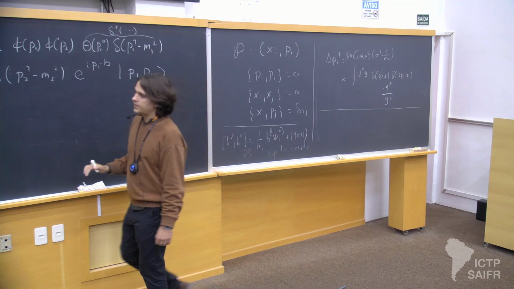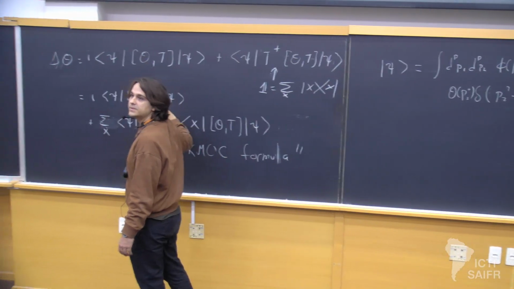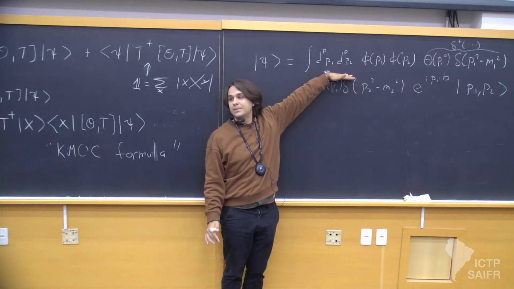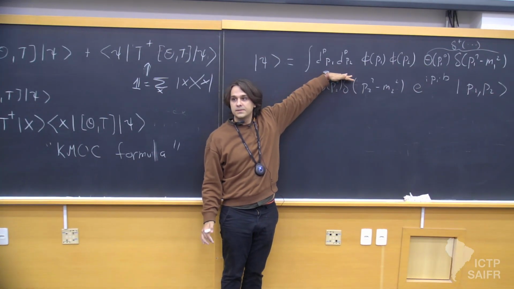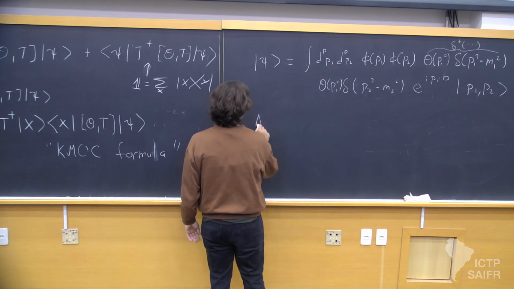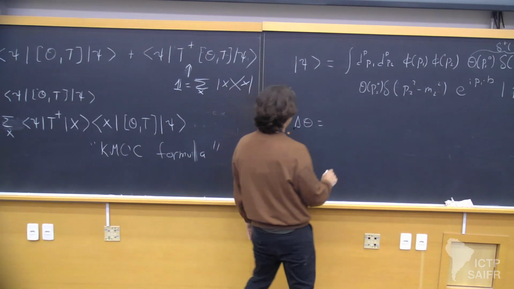Okay, so we're going to plug this in here. But notice that we will have two copies. So we need to have two such states. And of course, I should choose two different labels for the states. So this delta O will be something like this.